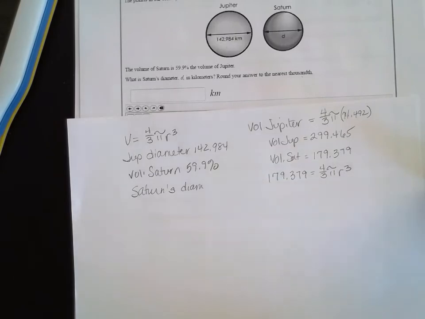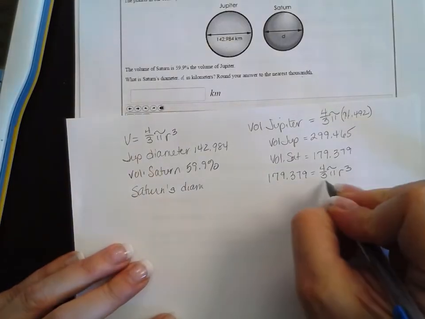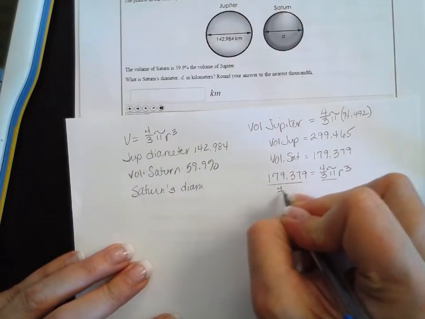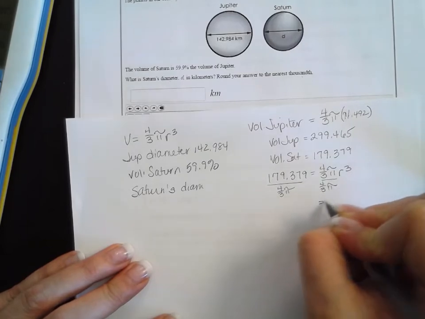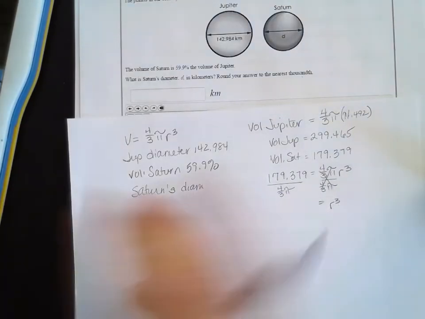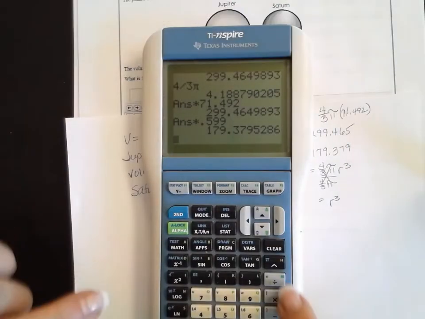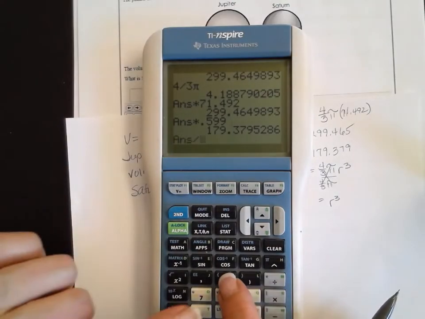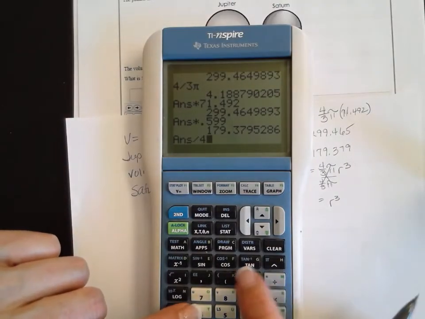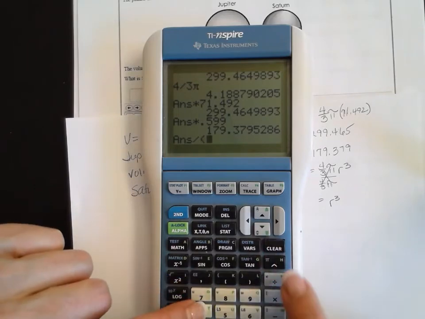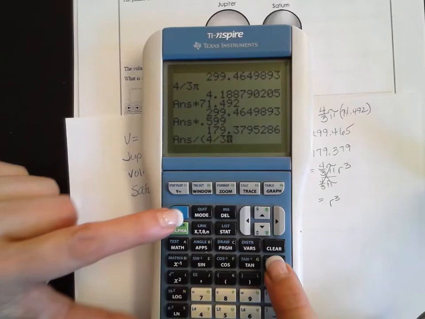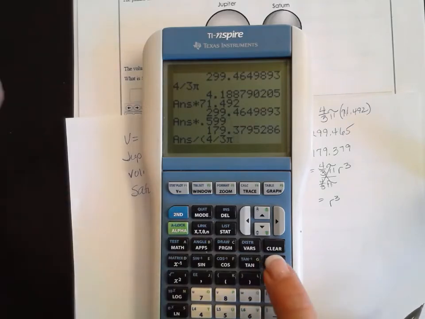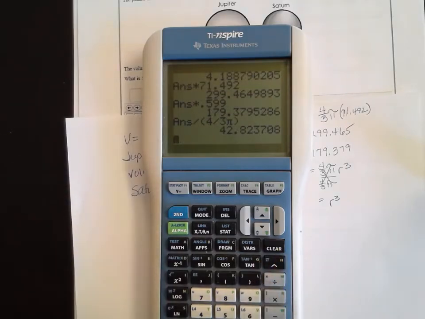Okay, if I divide both sides by 4/3 pi, that's going to give me radius cubed. So I divide, and I'm going to put this in parentheses to make sure the calculator knows I need the whole thing divided, because I don't trust my calculator sometimes.